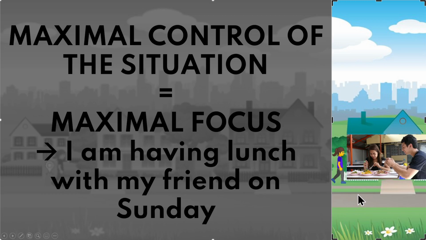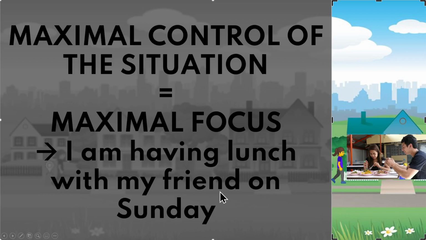Everything has already been figured out. And because of that, we need a construction that maximizes such control of the situation and such maximal focus on the details of what will be taking place at one given point in time in the future. So that's something that present progressive does very well.